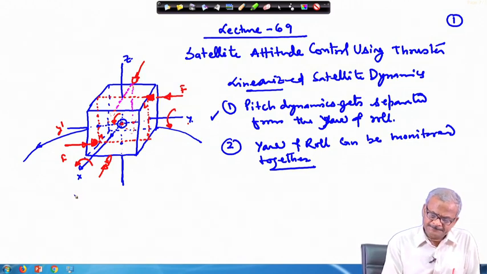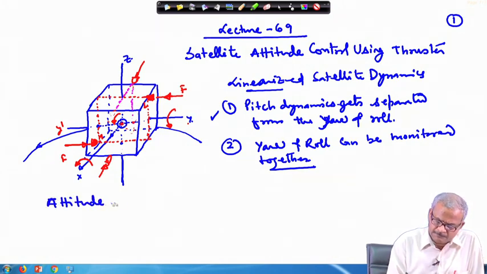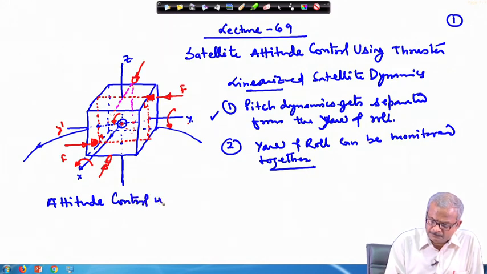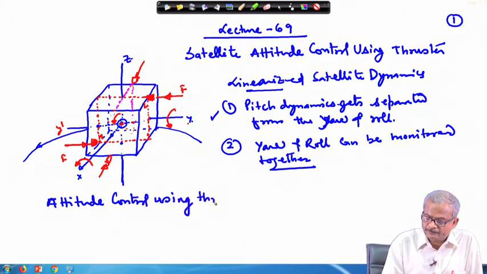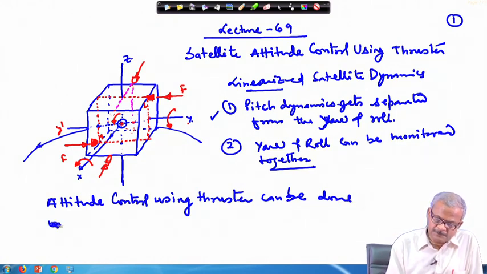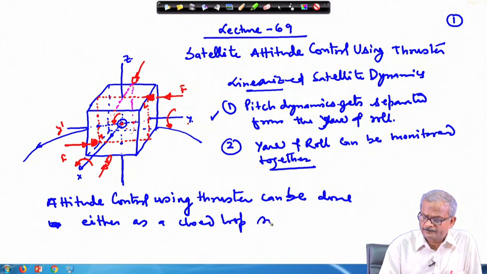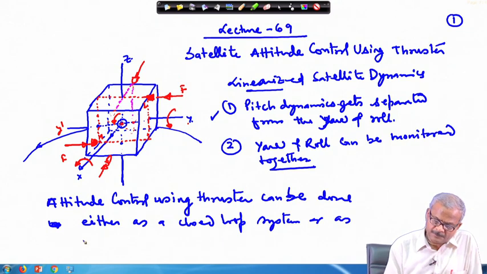Attitude control can be done either as a closed loop system or as an open loop system.